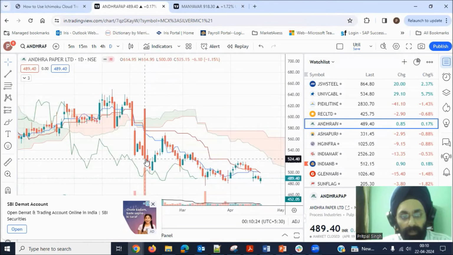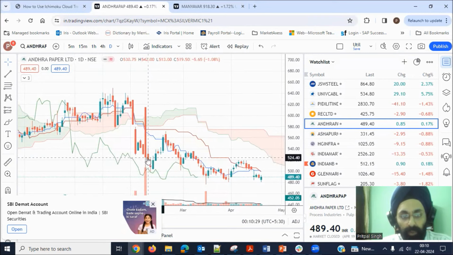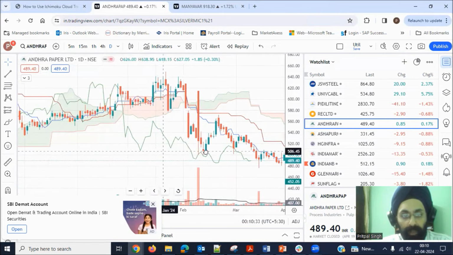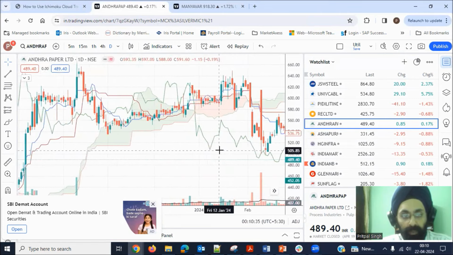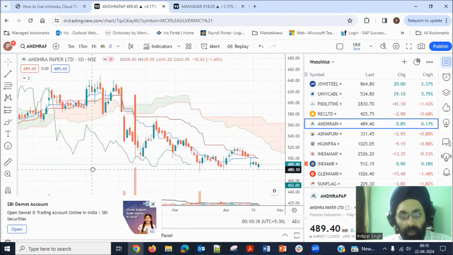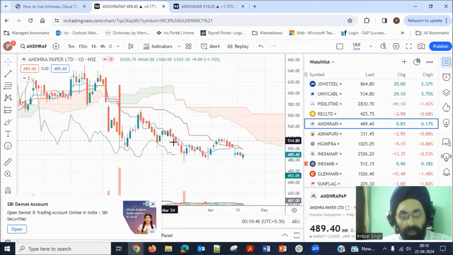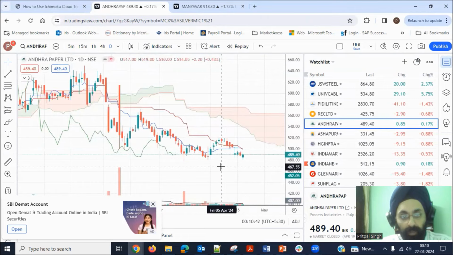But after this candle, it was pretty much clear that the price is in the downtrend, because it closed below all the previous lows. After that follow up also, you can see the price has been moving down.